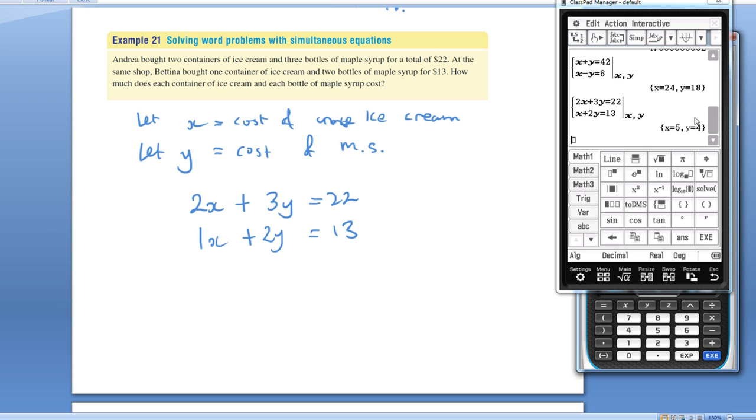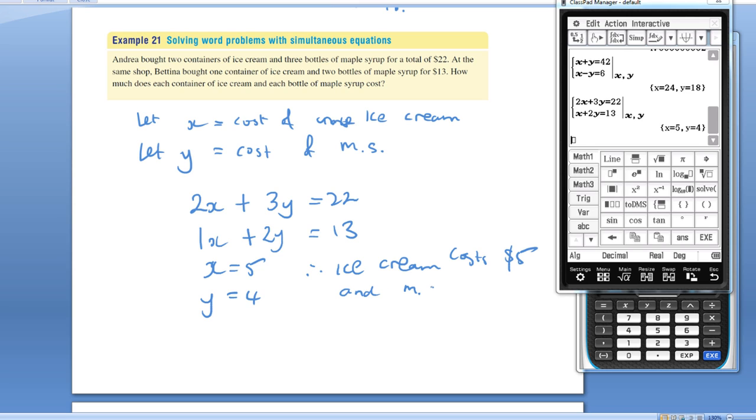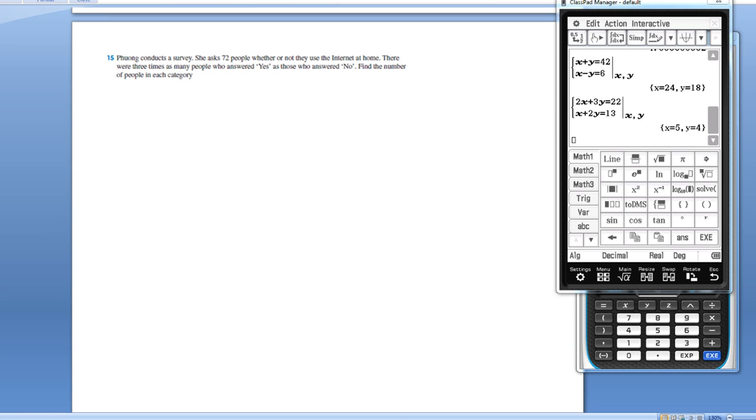It's telling us that x equals 5, y equals 4. Therefore, let's summarize that and answer the question: how much does each container of ice cream cost? Ice cream costs $5 and maple syrup costs $4. Okay, solved.